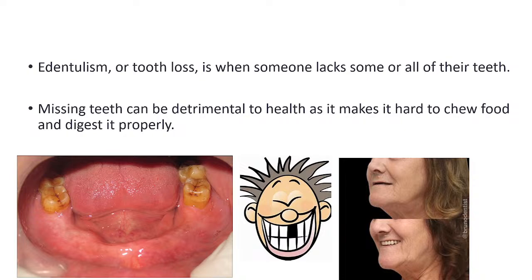Yes, gums will get weaker. What will be the other causes of tooth loss? Infections. Okay, which infections? It can be a periodontal infection. Okay. Next, what can be more causes of tooth loss? So we've seen trauma, we've seen dental caries, we've seen periodontal diseases, aging. Okay, it could also be because of smoking.